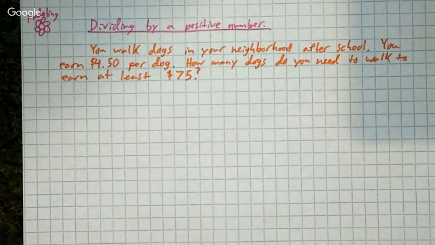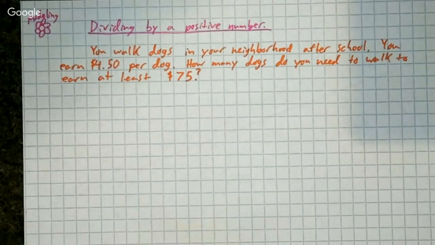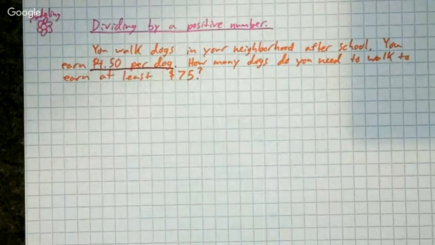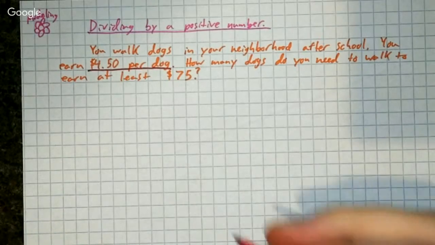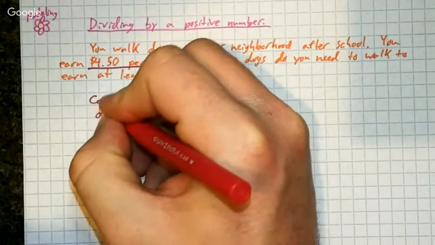So we need to first think about this. This is going to be a word problem. How do we figure this out? We first need to figure out the cost per dog. You're getting that much per dog.